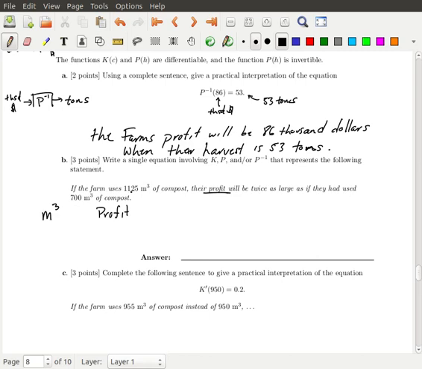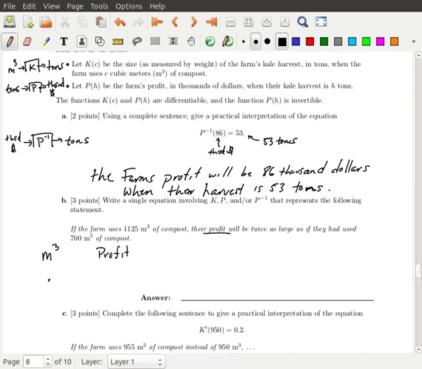When the farm uses this much compost, 1125, what's an expression for the profit they earn? Well, we would do the function K of 1125. That will tell us how many tons of kale will be yielded, and then if we plug that into P, that will give us the profit when we use this much compost.